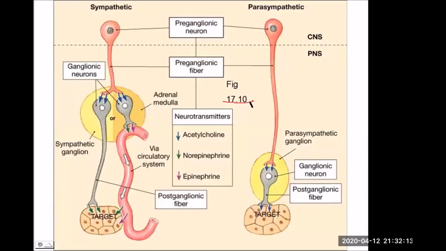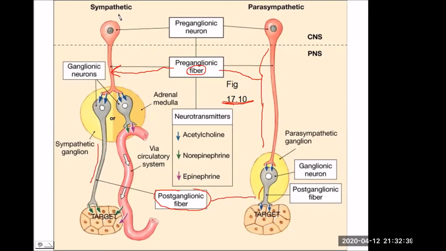This shows a lot of that same information visually. So you notice the length of the axon, the preganglionic axon. Fiber just means one axon. Sympathetic, it's shorter. Parasympathetic, we can see it's longer. That's the reverse when you look at the postganglionic axon length. Sympathetic has a longer one. Parasympathetic has a shorter length.